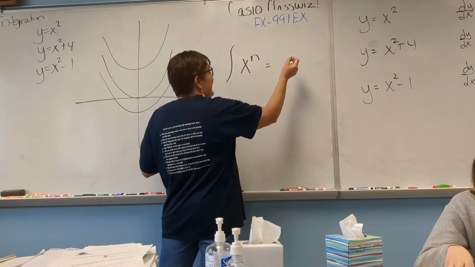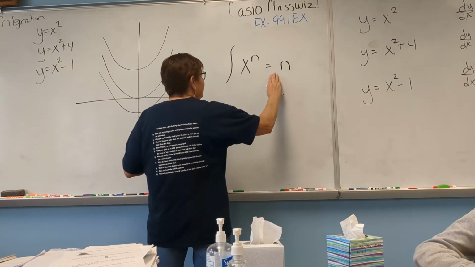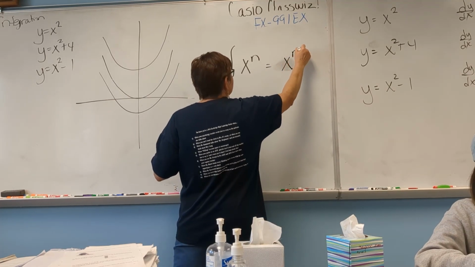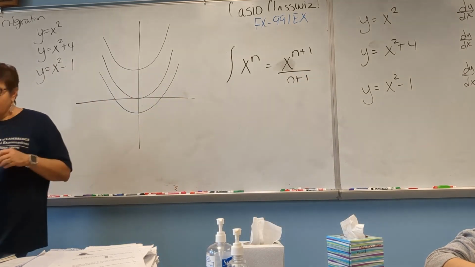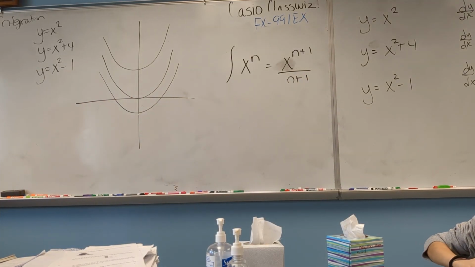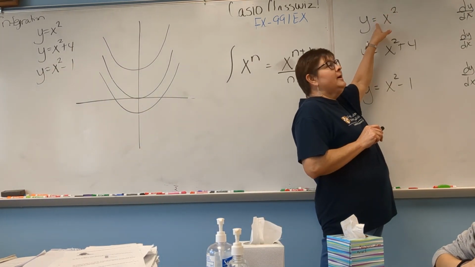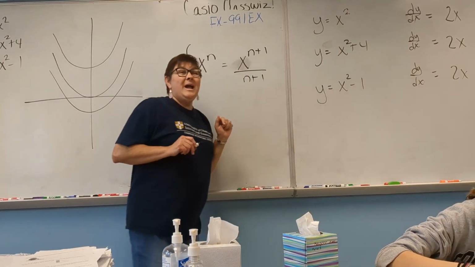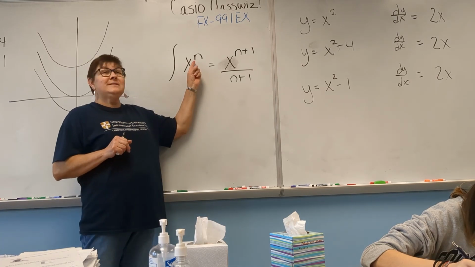So the actual answer to this is, whoops, not that, I lied. It's going to be this over this. Let's make some heads or tails of this. When I took a derivative, I brought the 2 to the front and multiplied it to the x and subtracted 1 from the exponent. When I'm going back, reversing it, what am I doing to the exponential power?